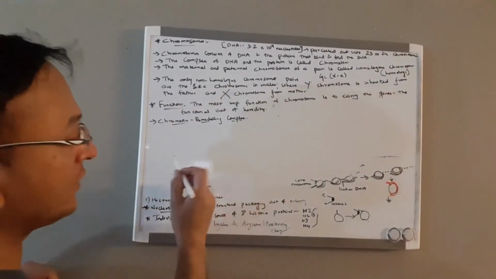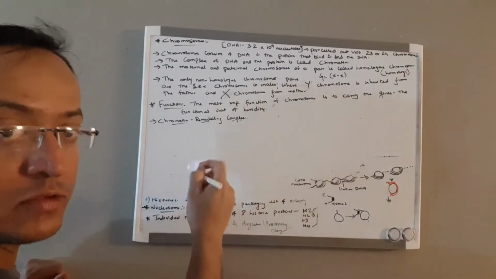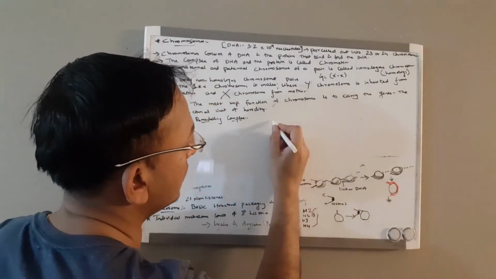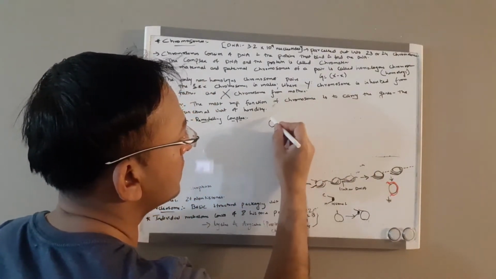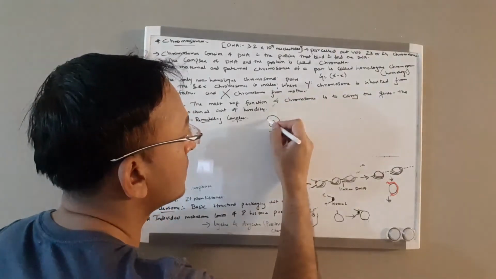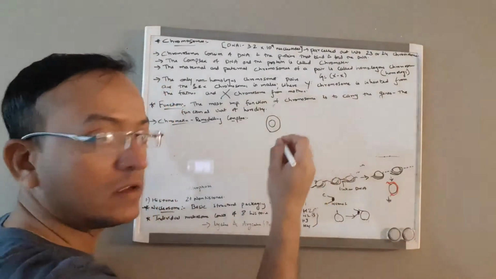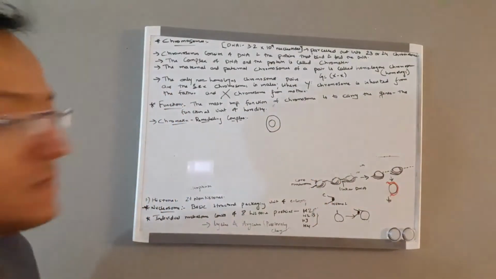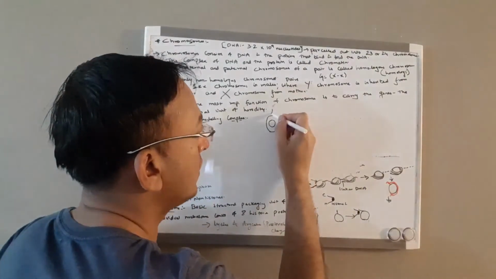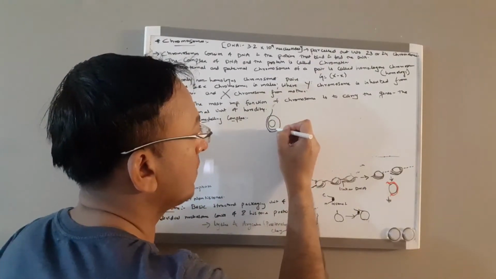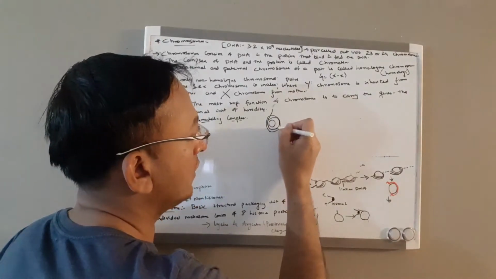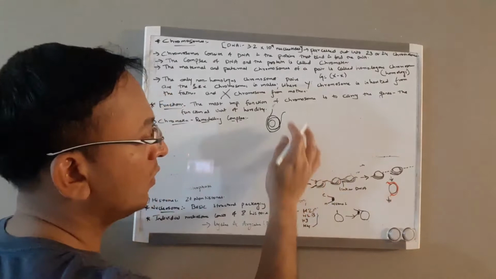For example, I'm not really good at drawing, but I'll try to show you. Something like this, and all right, I'll draw it from here. We know it has our DNA that is wrapped around like this, right?